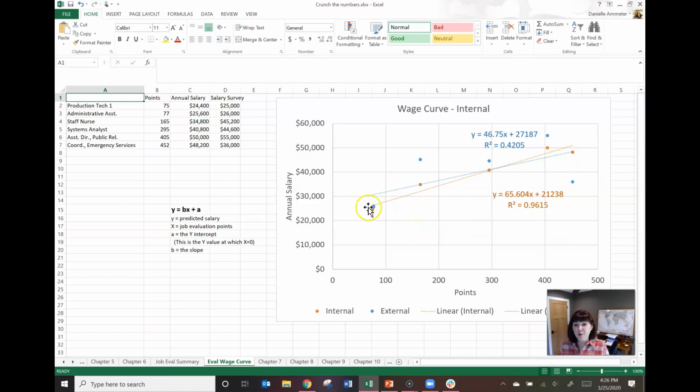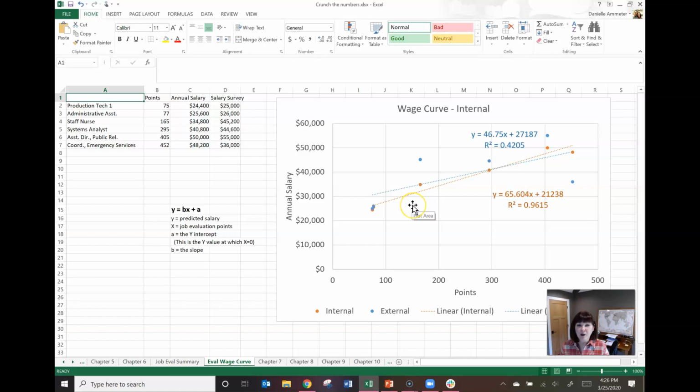So what are we looking at? Down below, we do a pretty good job of matching the market, really. And then we're above the market. So here we're below the market. Now we're above the market. If we examine the individual point, we know that this is the nursing job, the staff nurse.